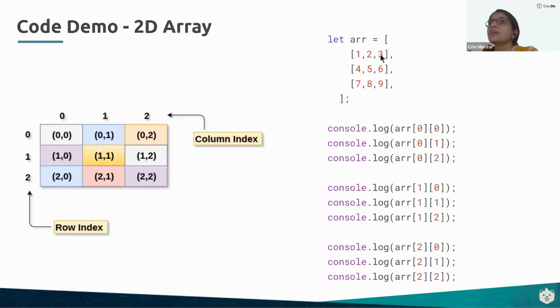So if I have to get element 5, where is it present? Row 0, row 1. Ma'am, it is present in row 1. So then the first index will become 1. Now in this row 1, in which column is it present? 0, 1. So again, in 1. So if I write arr[1][1], it means I'm talking about element number 5.